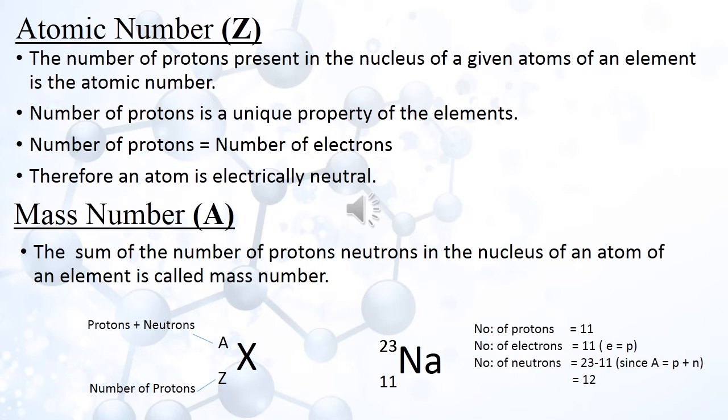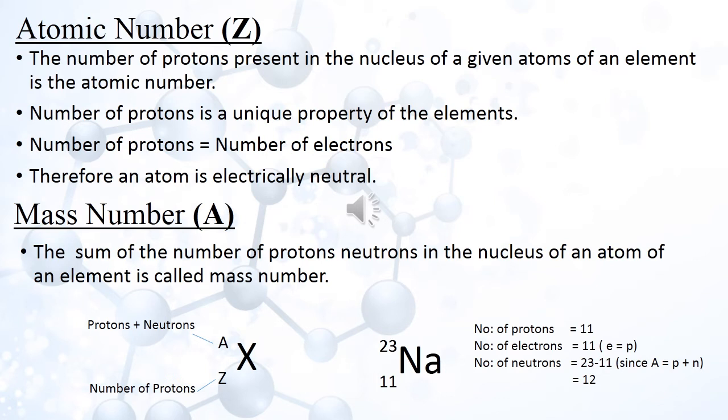Here A indicates the mass number, Z indicates the atomic number. So, for example, we will take the sodium element. In a sodium atom, the mass number is 23, and the atomic number is 11.